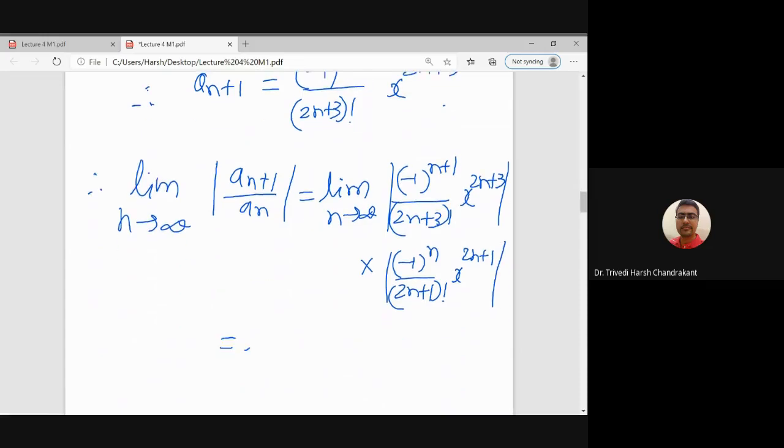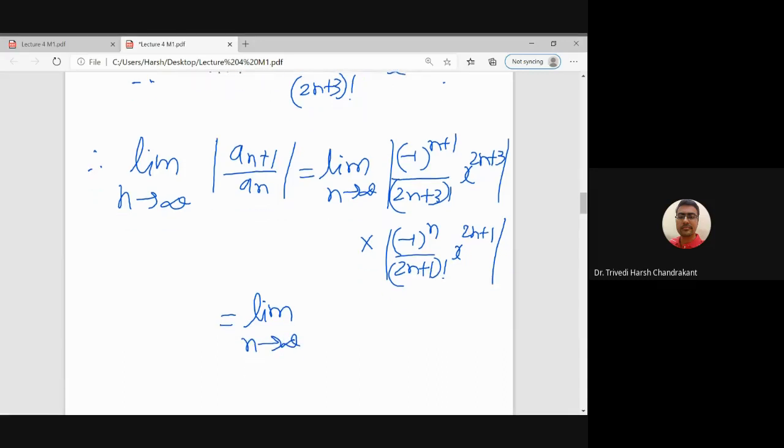So if we cancel the common terms, finally what we get is modulus of x square divided by 2n plus 2 into 2n plus 3.